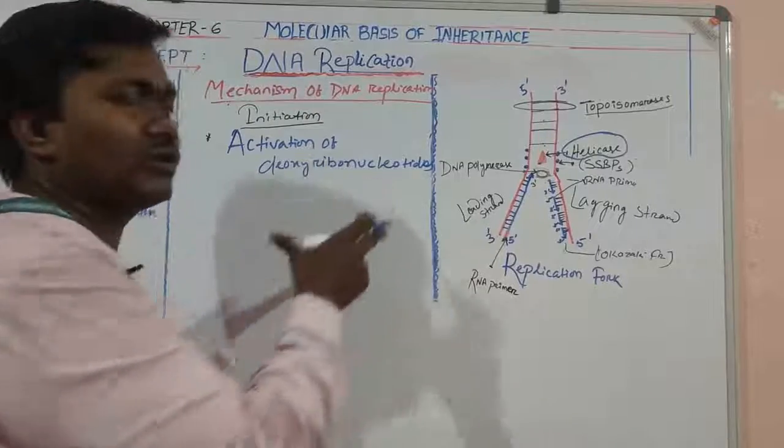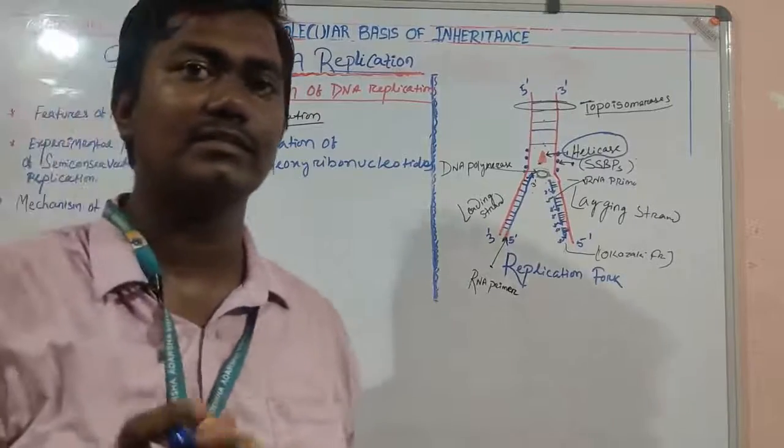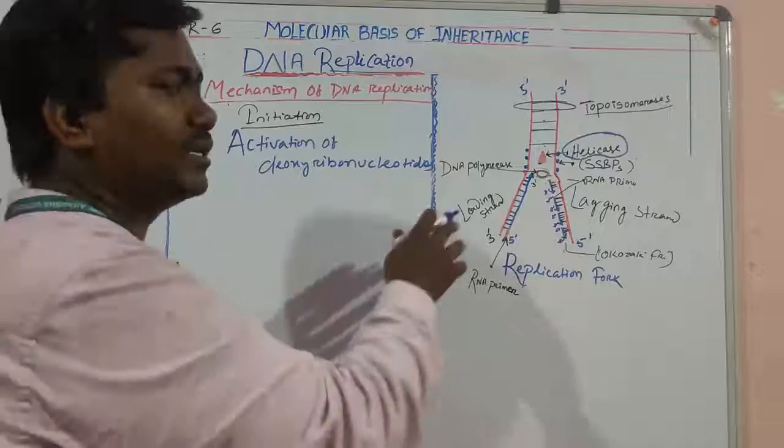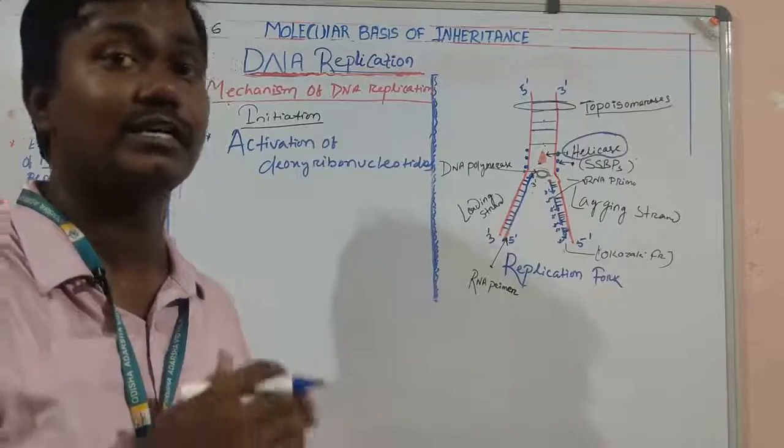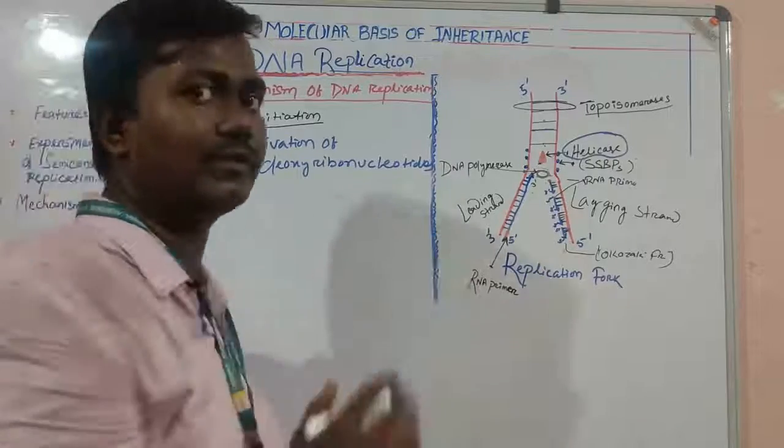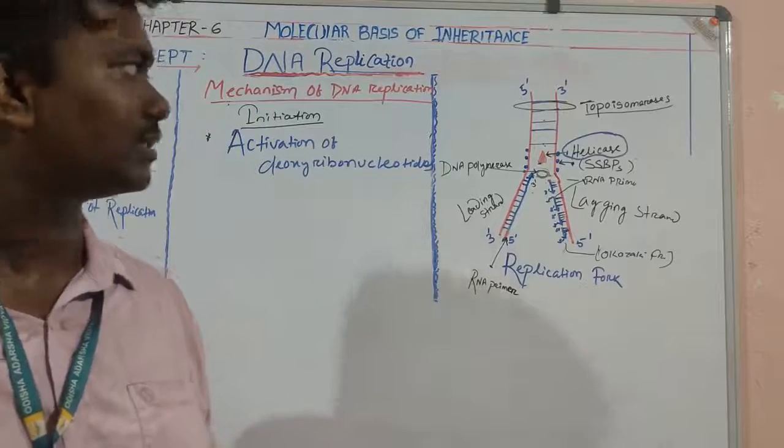These deoxyribonucleotides act as substrate in replication as well as provide energy to the process of replication. Got it?